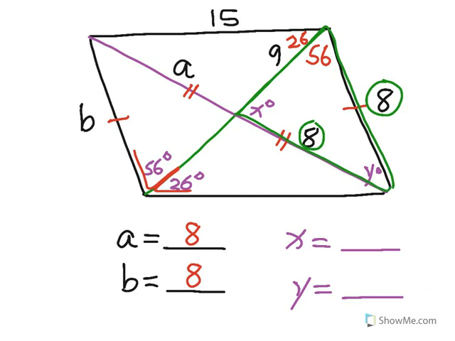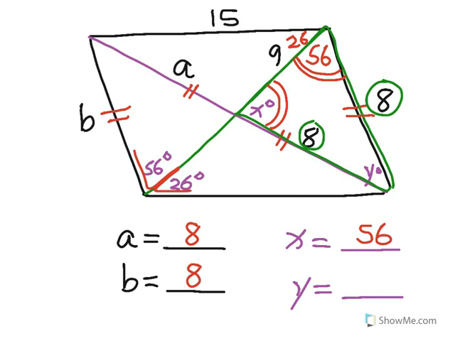So these sides are the same length, and I'll put doubles on those, so all those pieces are 8. I have an isosceles triangle, so I know that this angle opposite one of the congruent sides is the same measure as this angle. So x is equal to 56 degrees.